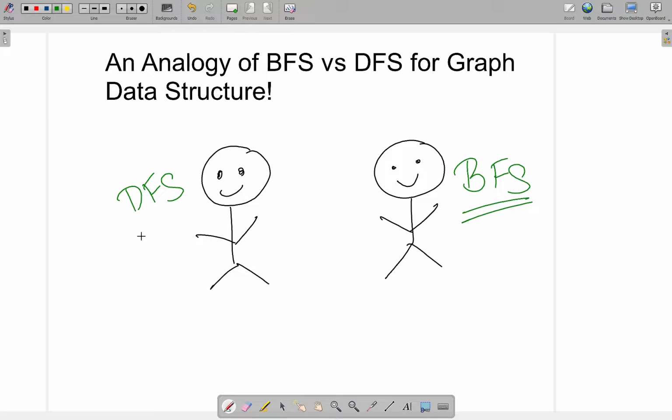Both of these soldiers are very brave, so the team never distinguishes between DFS and BFS as to who is better. Both serve different purposes and they are both masters in their own thing. Both are very deadly soldiers, and whatever land they go to, they conquer that land easily.